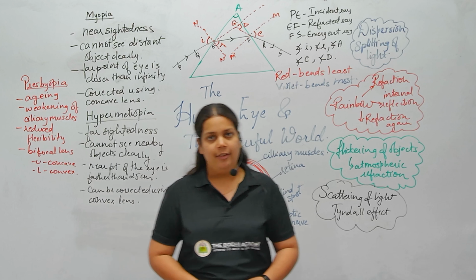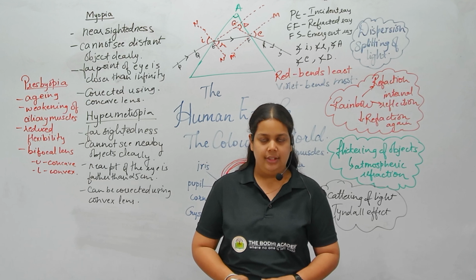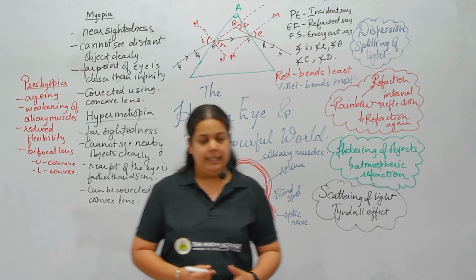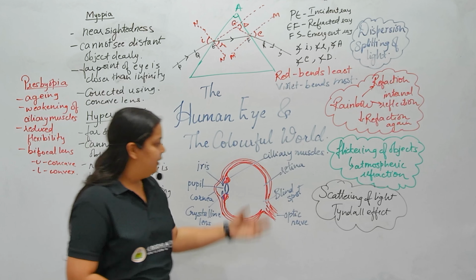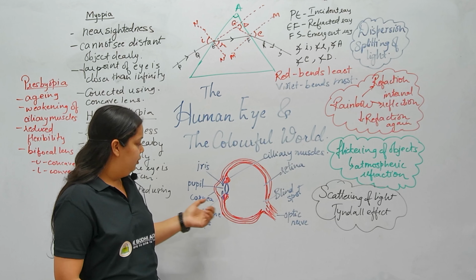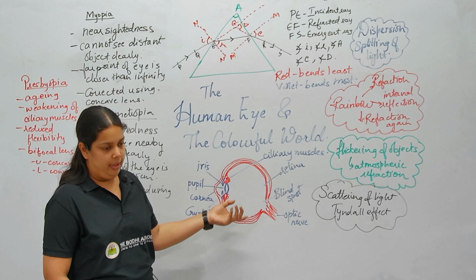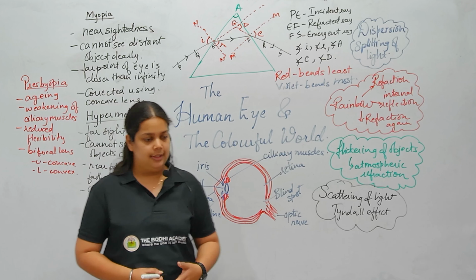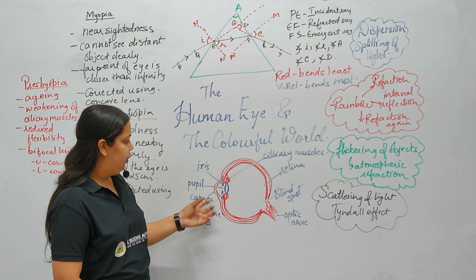So human eye functions like a camera and the lens system forms an image on the light sensitive screen that is called the retina. So the light enters through a narrow opening called the cornea, and most refraction of the light occurs at the outer surface of the cornea.